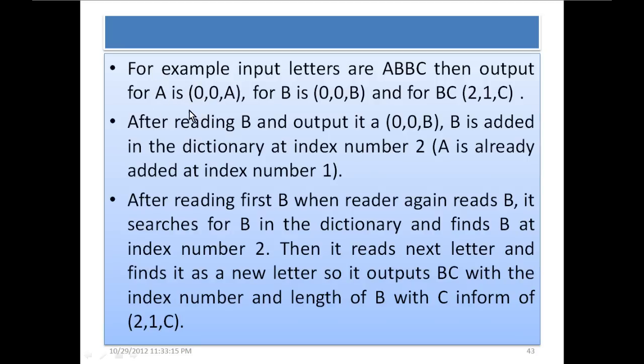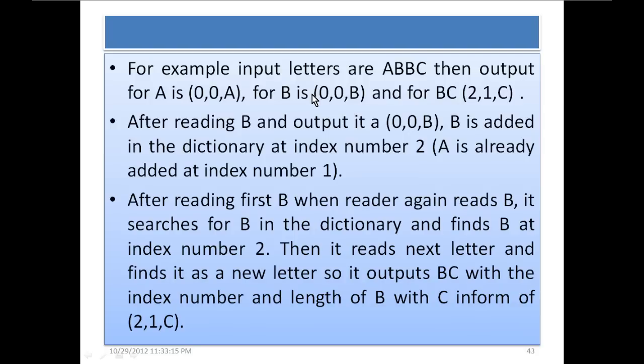And since no symbol or letter or phrase is added into the dictionary, its length is 0 as well. So this is the location and this is the length of the phrase stored in the dictionary, which is to be concatenated with A. Since we are not concatenating any letter with A, as it is the very first letter and there is no letter in the dictionary before, this will always be 0, 0.